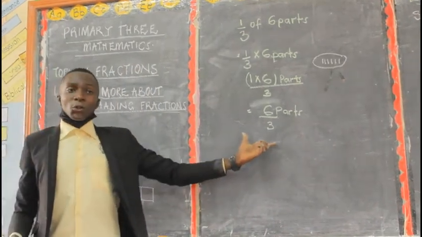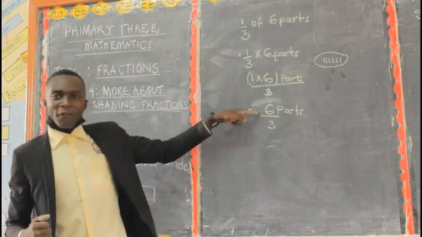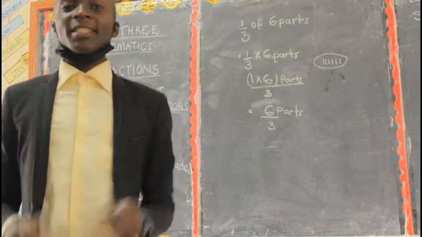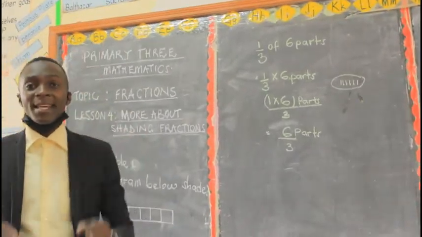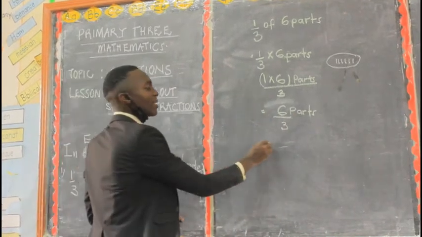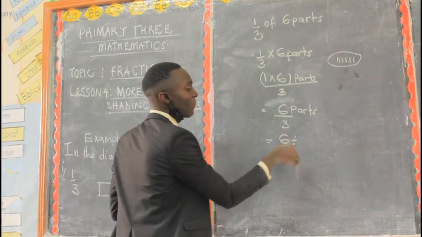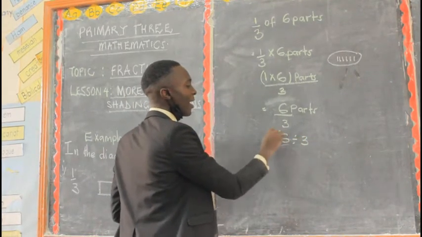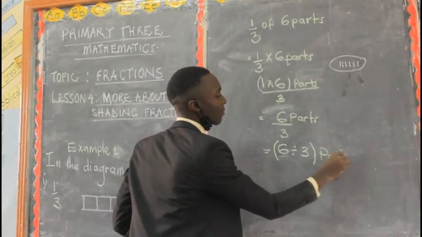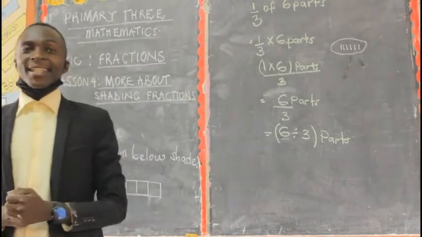You should also understand that this line in mathematics means divide by. So 6 parts out of 3 simply means that we get 6 and divide it by 3. Remember, these are our parts. 6 divided by 3, what do you get?